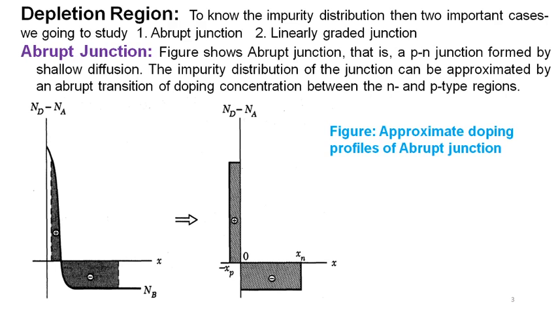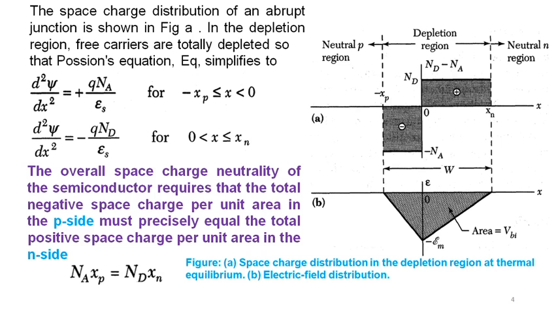Then this first figure changes to a square shape, from minus xp to xn. Here xp is the distance from the center of the depletion region to the p side, and xn is the distance from the center of the depletion region to the n side. Then the space charge distribution of this abrupt junction is shown in figure A, the middle part, which is the depletion region, with the donor concentration and acceptor concentration.